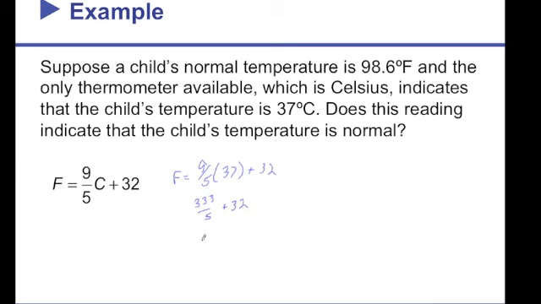Well, 333/5 comes out to be 66.6 as a decimal, plus the 32, that added up is 98.6 degrees Fahrenheit. So does the reading indicate the child's temperature is normal? Yes, it does.